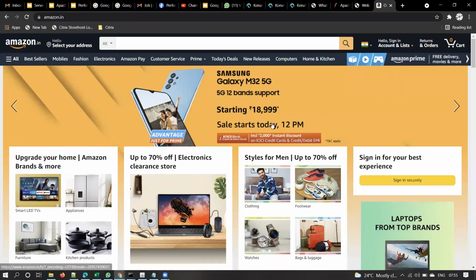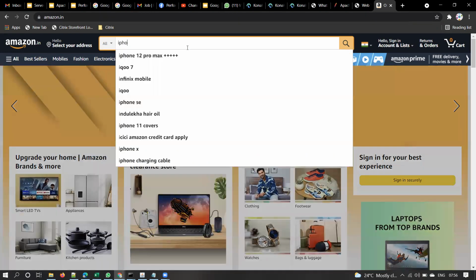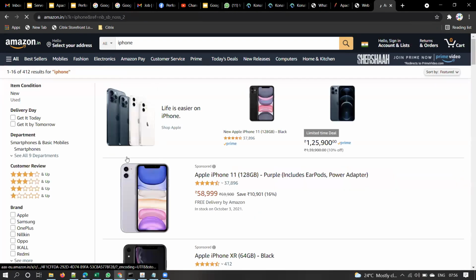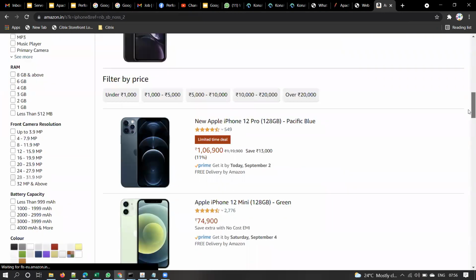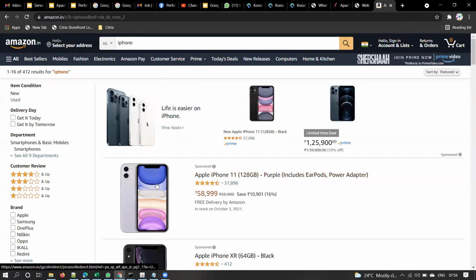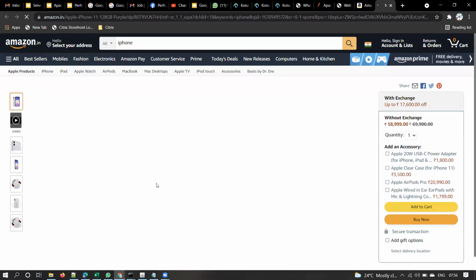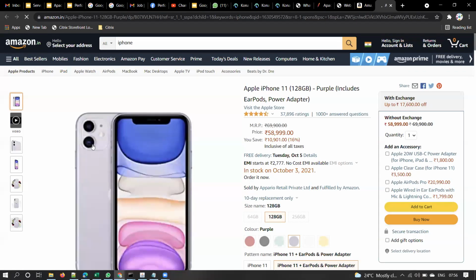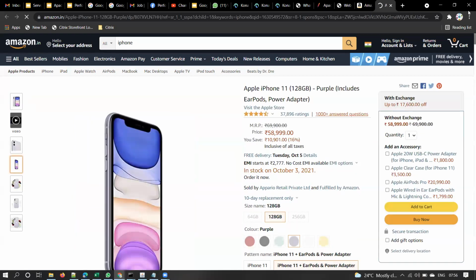The next time you access the same page, suppose you accessed amazon.in, visited this website, and searched for some product, right? Now these pages and images also will be stored in the browser cache, right? Now if you access some product, we again have some images here, so all these images will be stored in the browser cache.